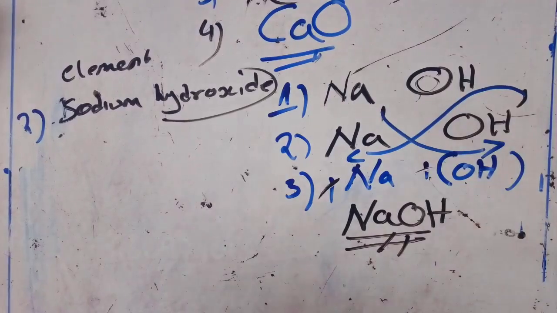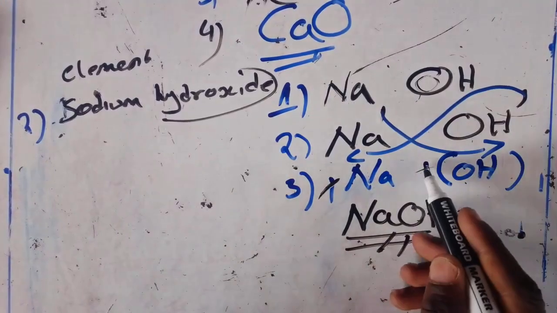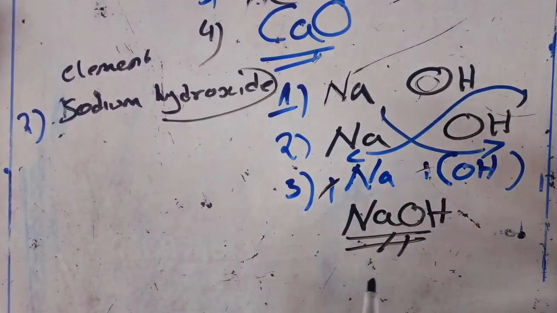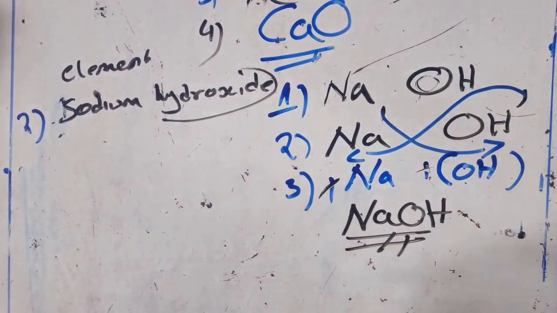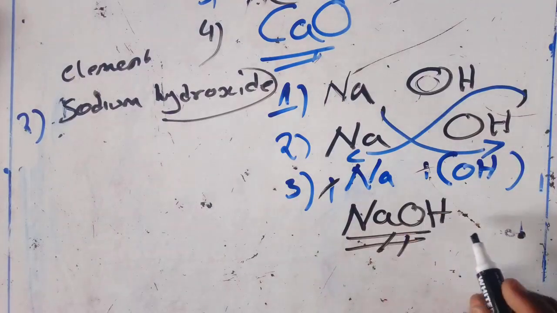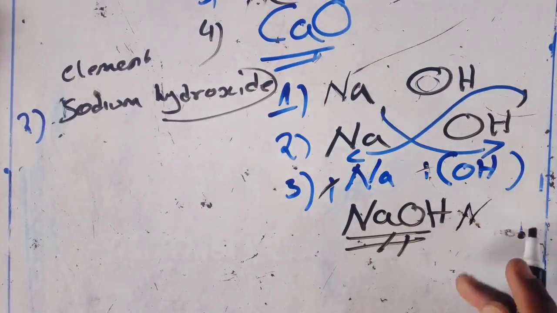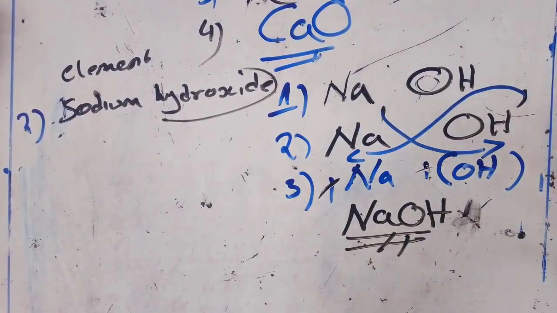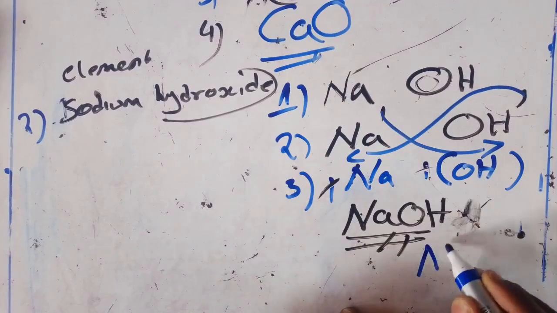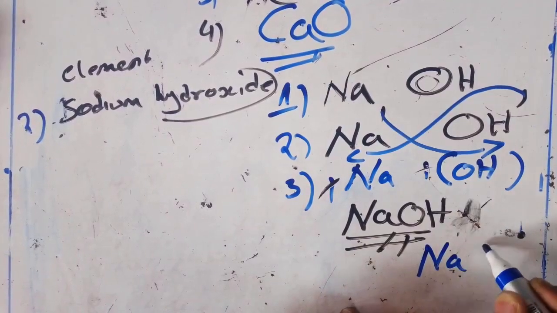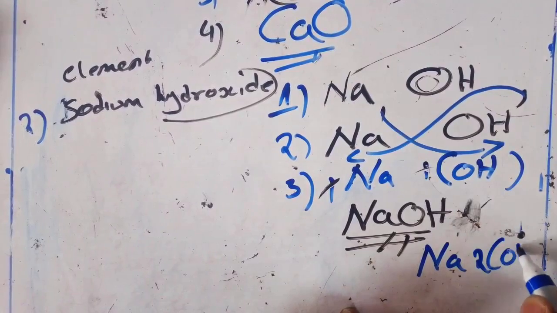So let's say maybe here there was a 2. Let's just assume that sodium had a valence of 2. So if sodium has a valence of 2, we're going to have sodium like this. Let me use a blue marker so that you see clearly. So we're going to have sodium, then 2 here, then the brackets like this.